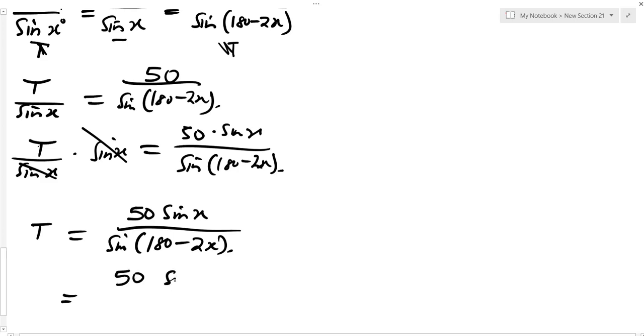So this is equal to 50 sine x all over, now expanding this using the trigonometric laws, you have sine 180 cos 2x minus sine 2x cos 180.